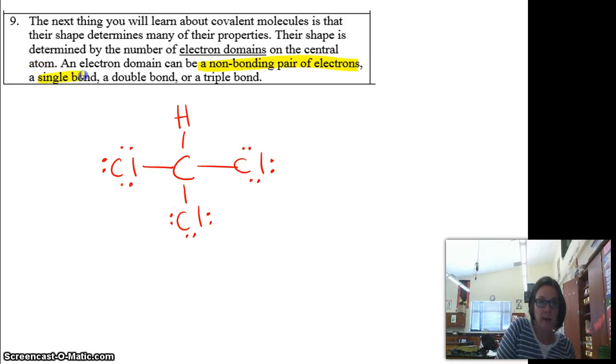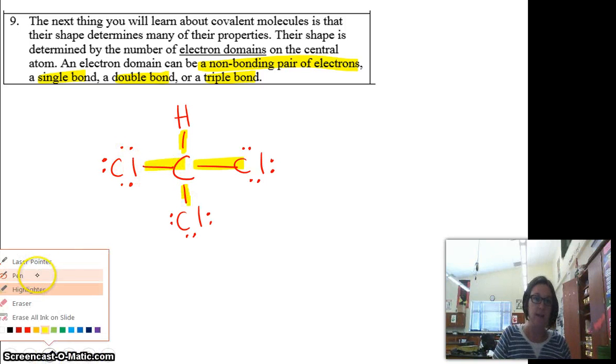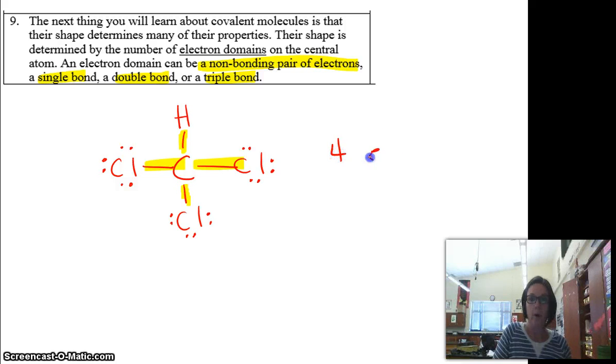A single bond, a double bond, and a triple bond each would be considered one domain. So even though a triple bond looks like 3 bonds, it's still one electron domain. So our central atom here has a single bond, a single bond, a single bond, and a single bond. So we would say that this molecule has 4 electron domains. And you're finished with this example.